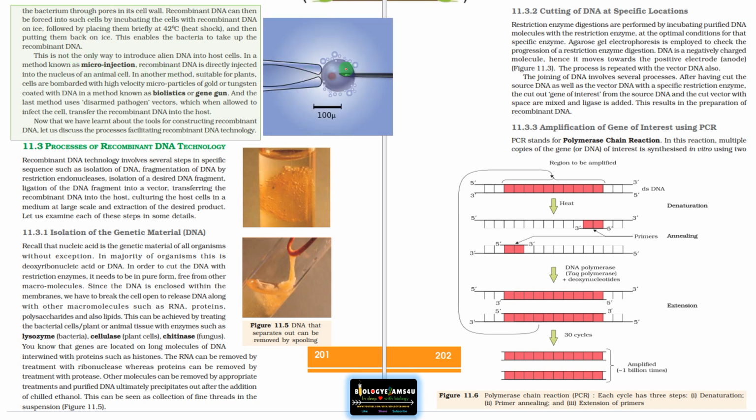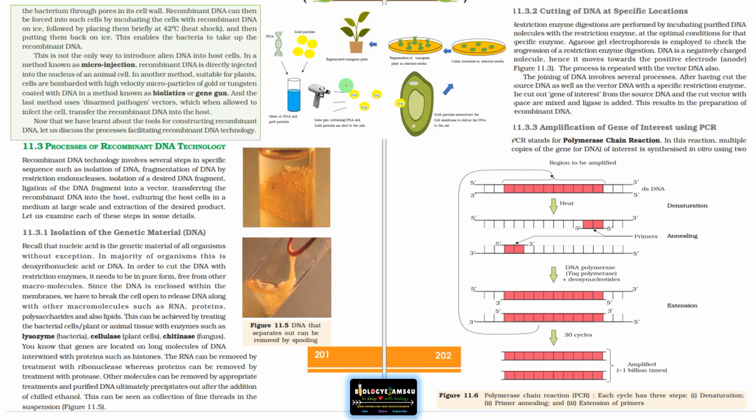By using micro needles and micromanipulators, we directly inject the DNA into the nucleus of an animal cell, as you see here. Then one more method that is very suitable for plants, because of the tough cell wall, is the biolistic method, or gene gun method. DNA is coated with gold particles and forcefully bombarded at high velocity. This coated DNA is injected into the plant cell.